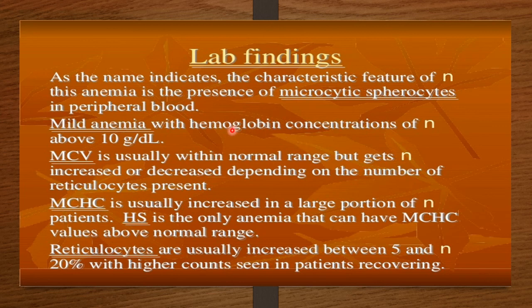Laboratory findings. As the name indicates, the characteristic feature of this anemia is the presence of microcytic spherocytes in the peripheral smear. It shows mild anemia with hemoglobin concentration about 10 gram per dL. MCV, mean corpuscular volume, usually ranges within the normal range, but it may increase or decrease depending on the number of reticulocytes present.